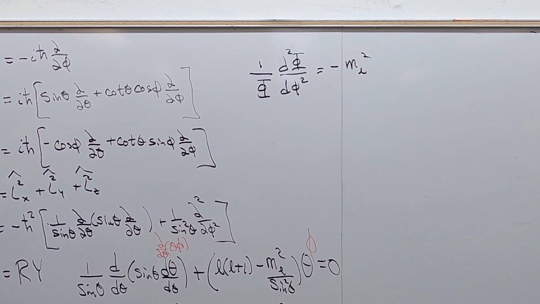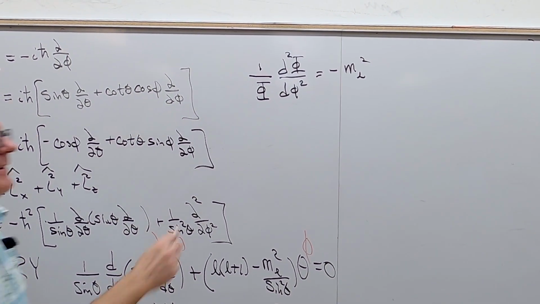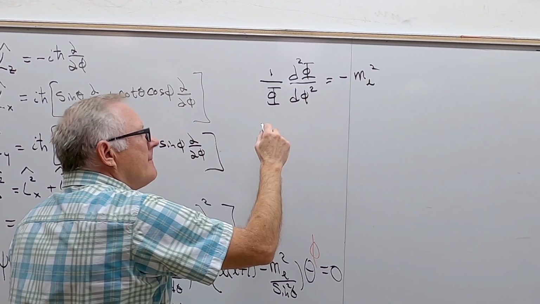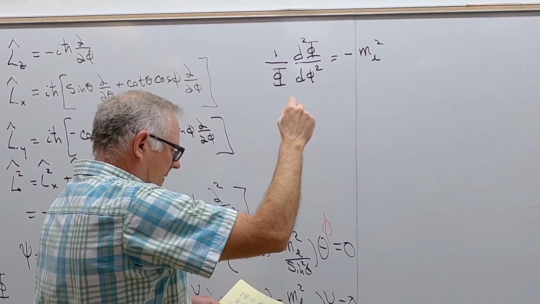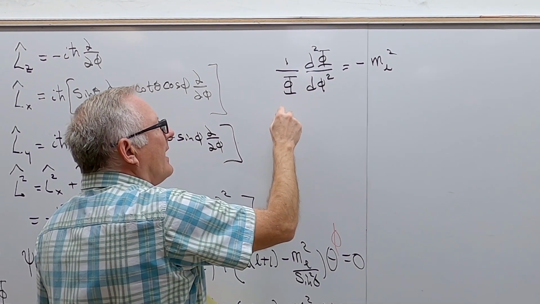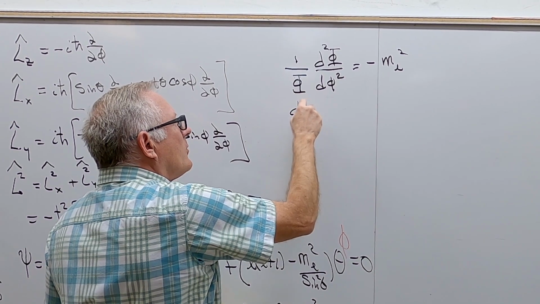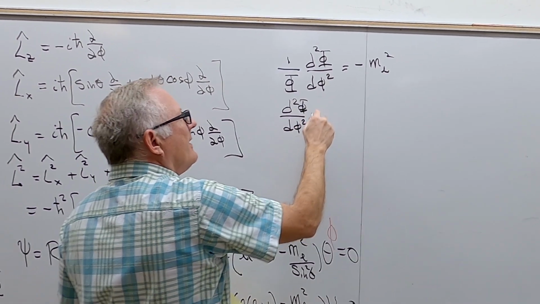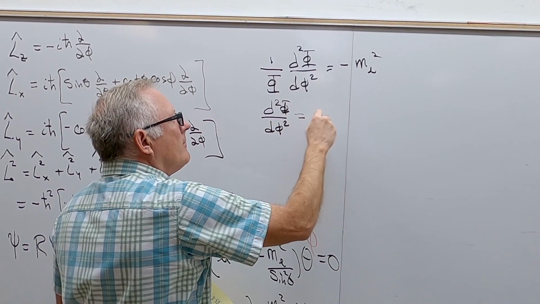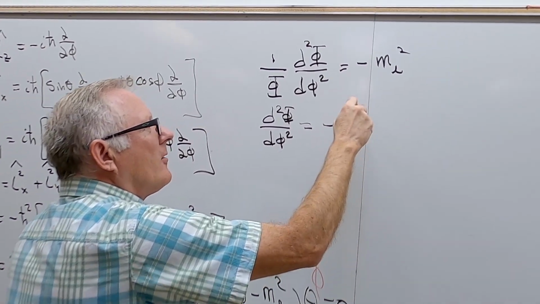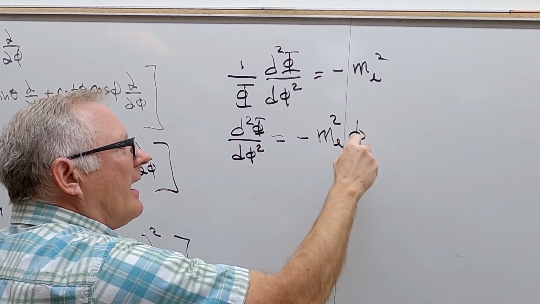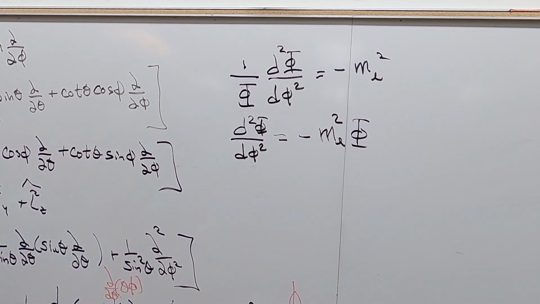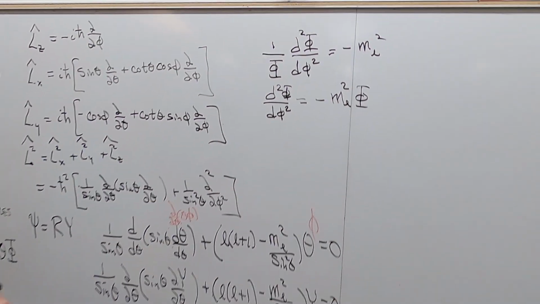If I multiply everything by phi, you get d squared phi d phi squared is equal to minus m sub L squared big phi. And now let's put in the theta.